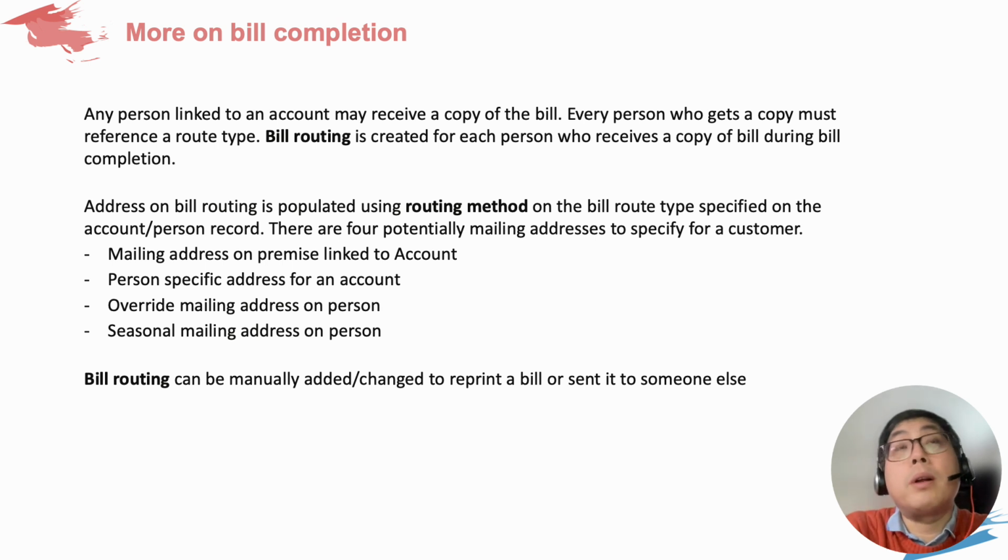When you look at the bill routing type, you will be able to see the route method. You'll also be able to see, I think, the extract algorithm, what information is to be extracted, and also the algorithm to send, I mean to download, this bill information to the printing system.